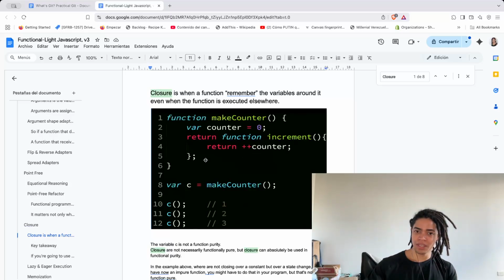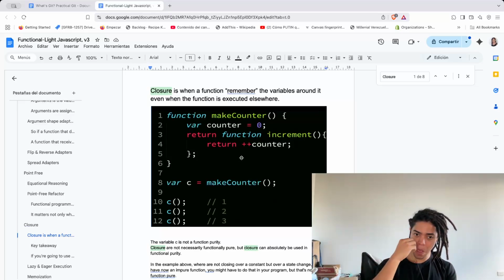So yeah, you get this. The variable c is not function purity in this case, and this is clearly because anytime that you call the function, it's going to produce a new, different outcome. So this is not function pure.